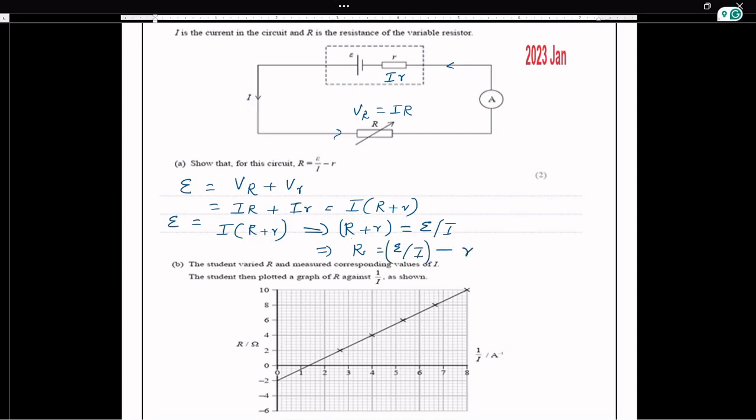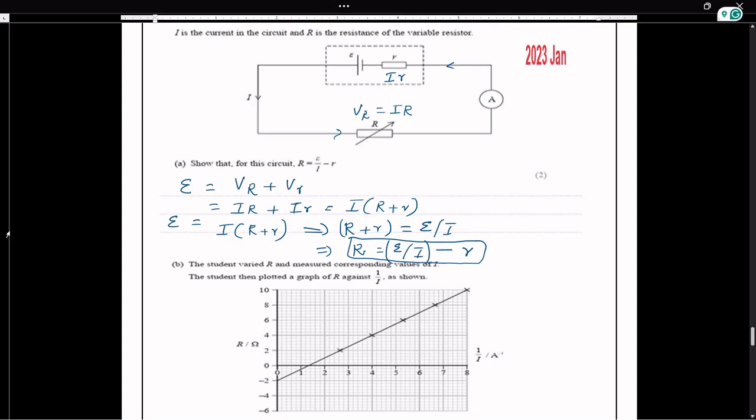This is what they want: show that resistance is E over I minus r. So E is I times (R plus r). From that I am taking R plus r separately, which is E over I. Therefore R is, transposing r to the other side, E over I minus r.